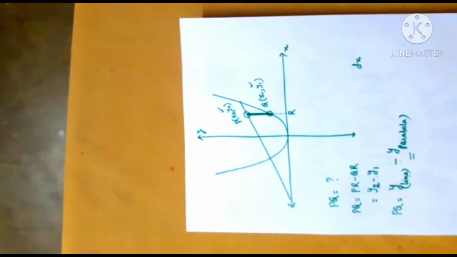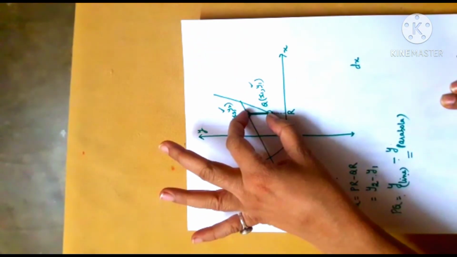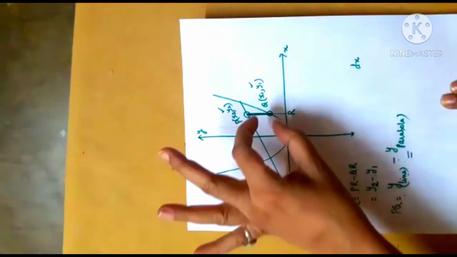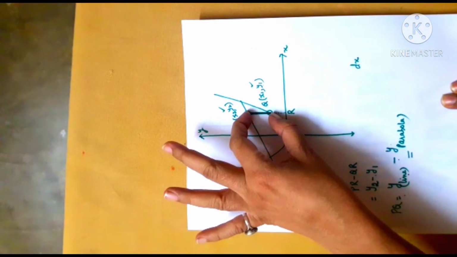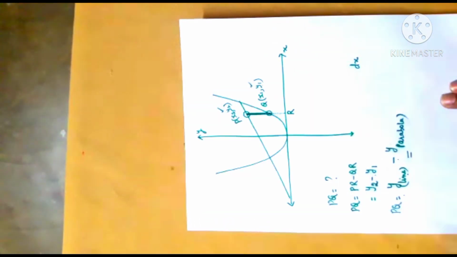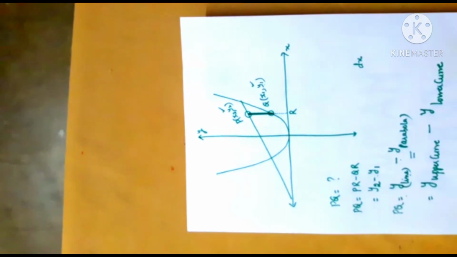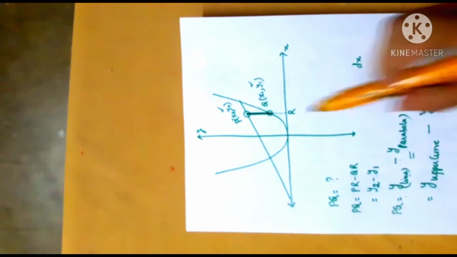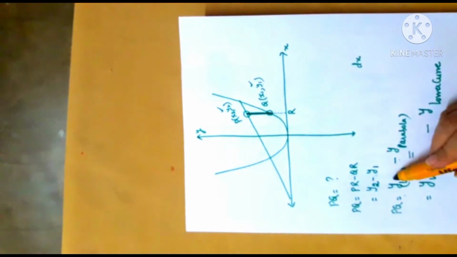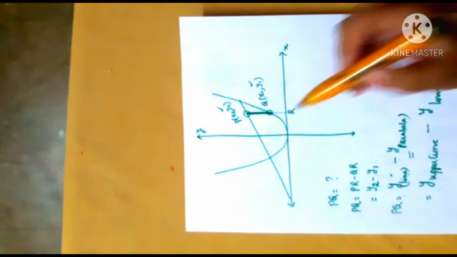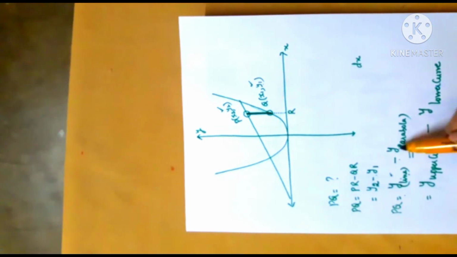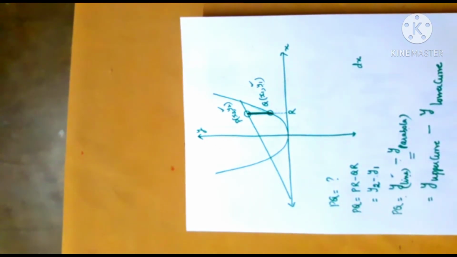And always remember, when this strip is enclosed between two curves, here between this line and the parabola, the length of the strip will be given by y of upper curve minus y of lower curve. Here the upper one is the line, so we have y of line, and the lower is the parabola, so we have y of parabola.